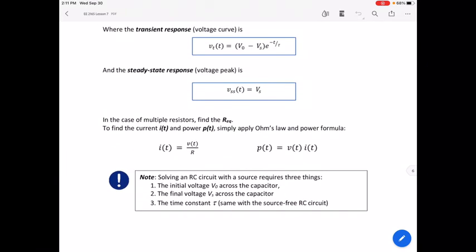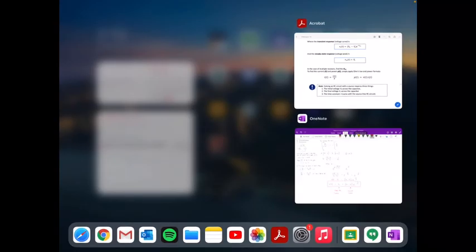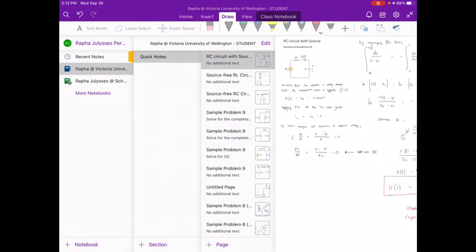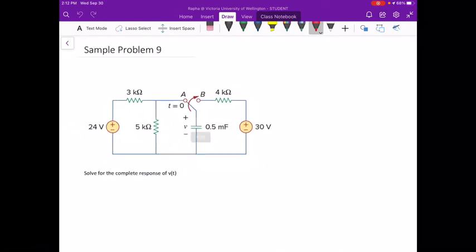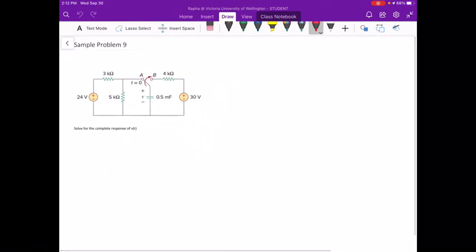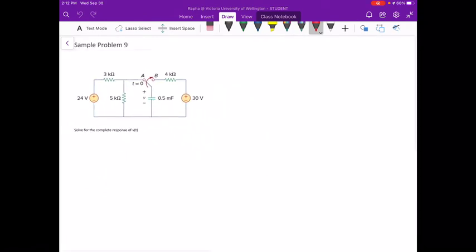So at this time, let us solve a sample problem. This problem requires us to solve for the complete response of V as a function of time.